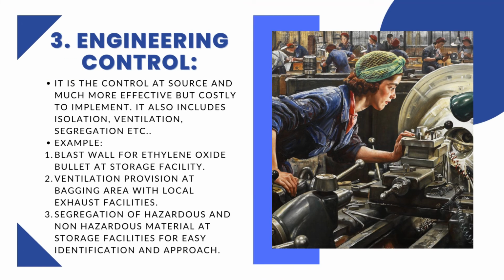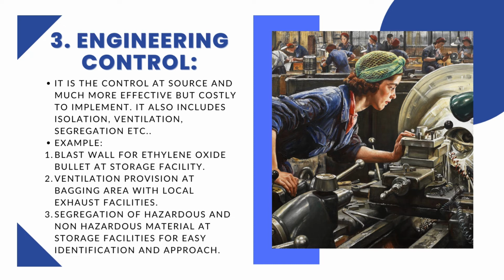Now moving further, next we will discuss engineering control. Engineering control is control at the source and is much more effective but costly to implement. It includes isolation, ventilation, segregation and many more.